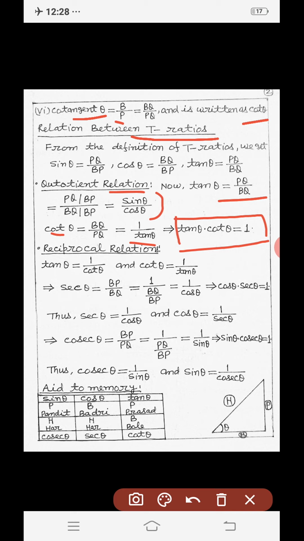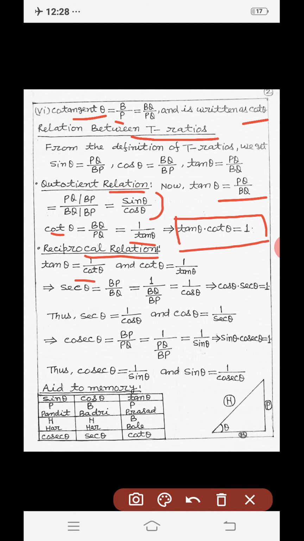Now reciprocal relations. Tan theta is the reciprocal of cot theta. Means tan theta equal to 1 by cot theta, and cot theta is equal to 1 by tan theta.